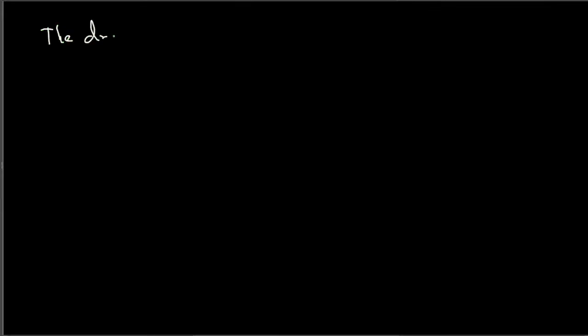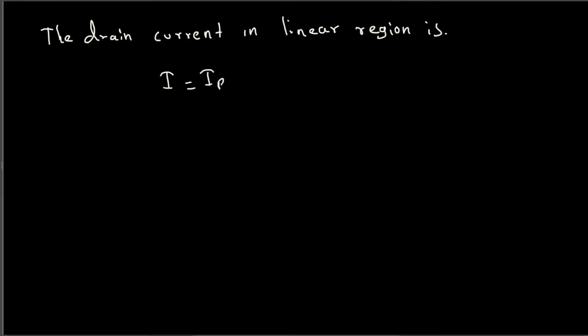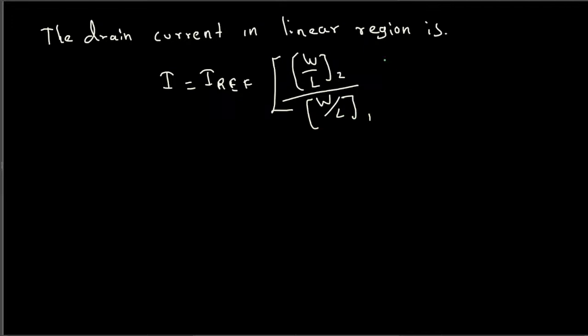The drain current in the linear region is I equal to I reference times the equation we already did before, that is W over L in the second one divided by W over L in the first one. That multiplied by another term when it's linear, that is 1 plus V0 minus VGS divided by VA2.